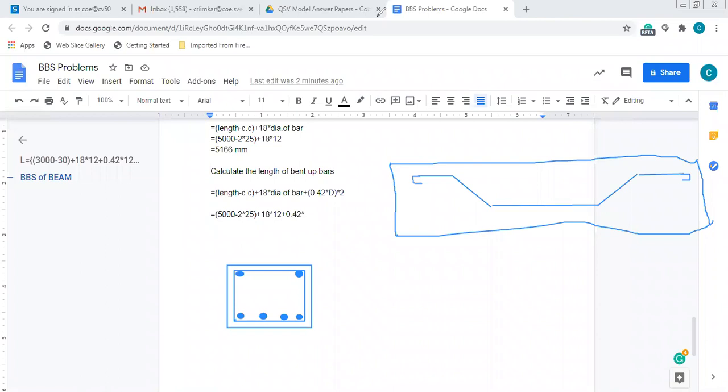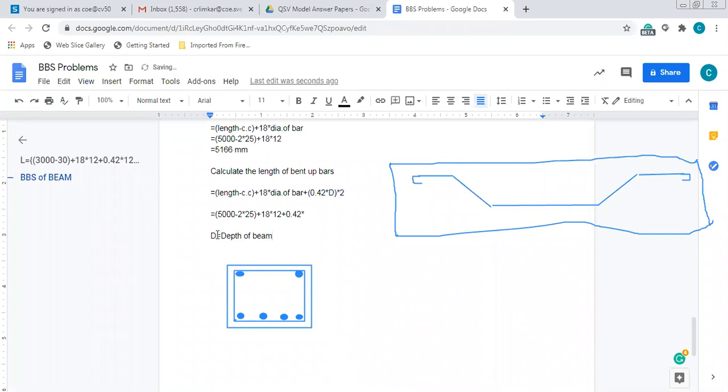I will write it for you. I thought you were going to forget everything. Value of capital D. Capital D is nothing but depth of beam.